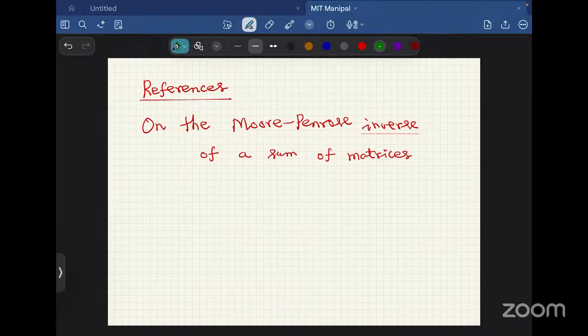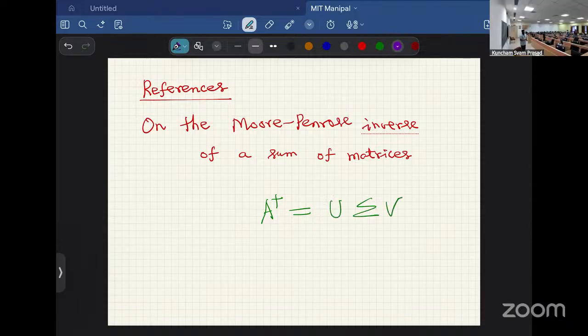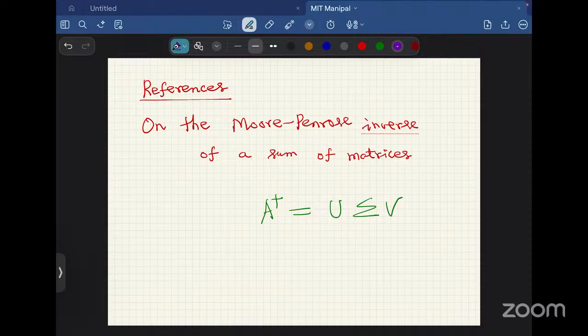Yes, sir. We know the singular value decomposition, so we will be factorizing with respect to the diagonal, U sigma V. So if this is A, then if we find its A dagger, we will be finding the corresponding matrix in the reverse order, V, sigma dagger and U, because in the middle we have the diagonal matrix.